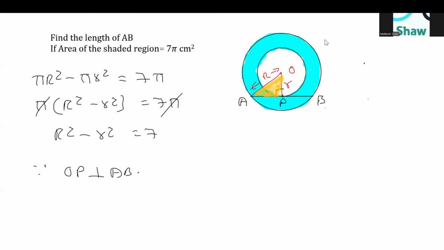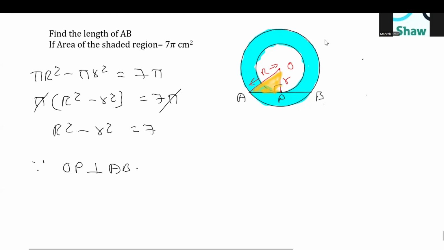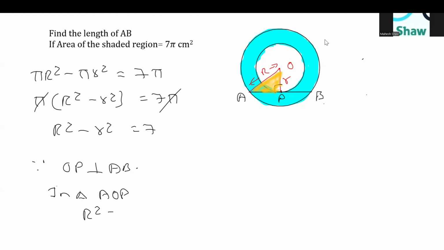So I should name the triangle over here. In triangle AOP, we note that the square of the hypotenuse, which is capital R square, is equal to the sum of the squares of the other sides, that is r square plus AP square. Now if I transpose this r square to the left hand side, we get capital R square minus small r square is equal to AP square.